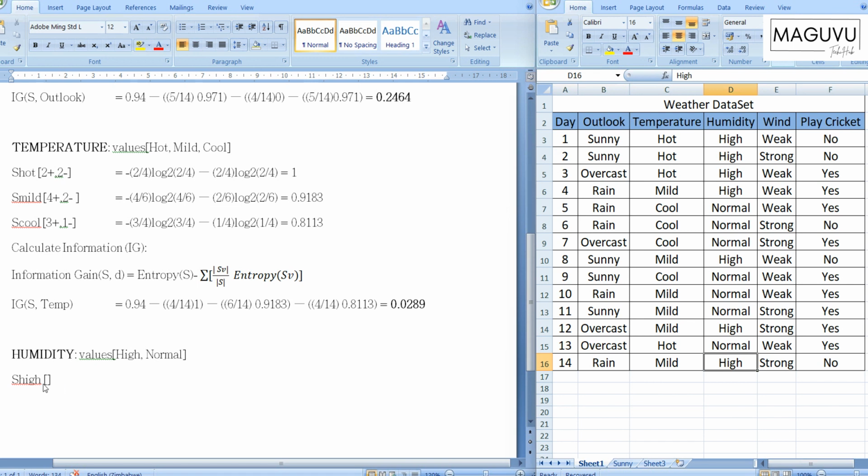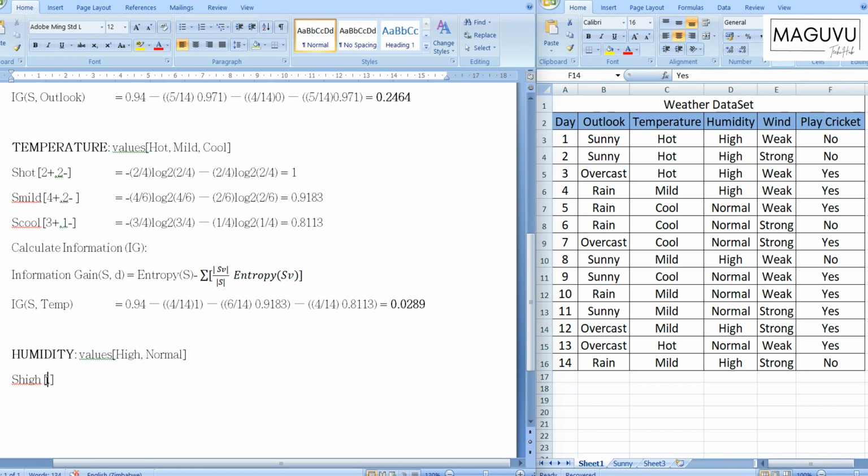Now we want to look at the proportion of that in terms of playing cricket. How many times do we play cricket where we had a humidity of high? If we look there, we are going to see that we have got 3 yeses, which is 1, 2, and 3, out of the total number of 7.